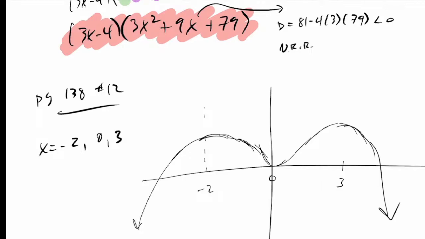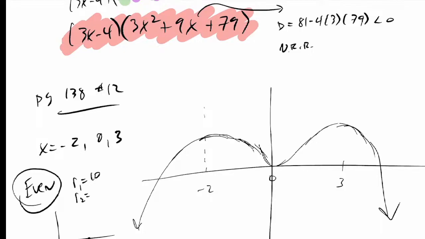In this example here, I kind of made it look like an even function. It's not. By the way, this is just a side note: if you have an even function, don't forget the roots will bounce. Like if you have a root at 10, then my second root has to be at -10 if you have an even function. They have to be on opposite sides. This is a side note, but I just thought I'd mention that.